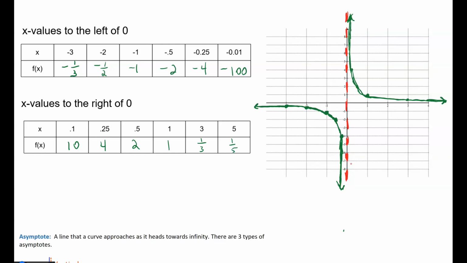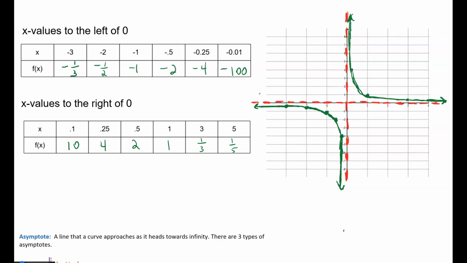Okay, but we also saw that there is no input that will possibly give us an output of 0. And so again, we don't touch y equals 0 either. And so I'm going to also draw in this horizontal asymptote. Okay, so there is the graphical image of 1 over x.